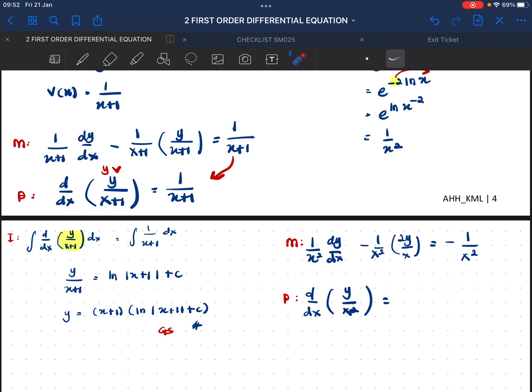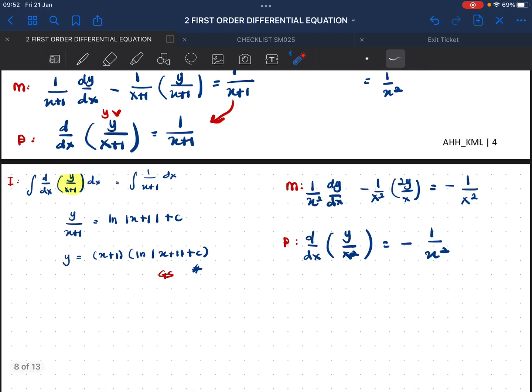On the right hand side, don't go far, just take the right side and bring it down. So we have −1/x². As you can see here, using the product rule, with y times x to the power −2, we get this answer. So the step is like a reverse of the product rule. But the step is very easy, no need to think, just as I said earlier.